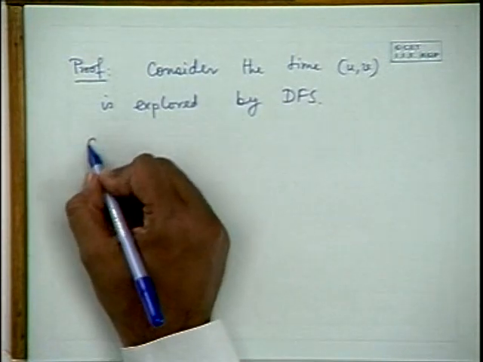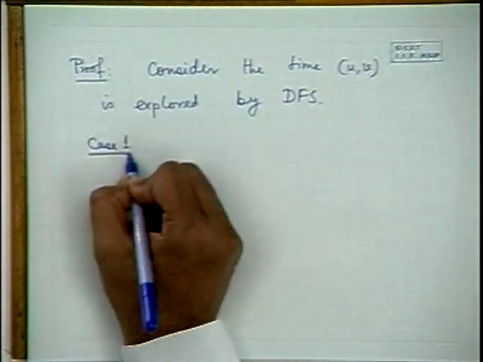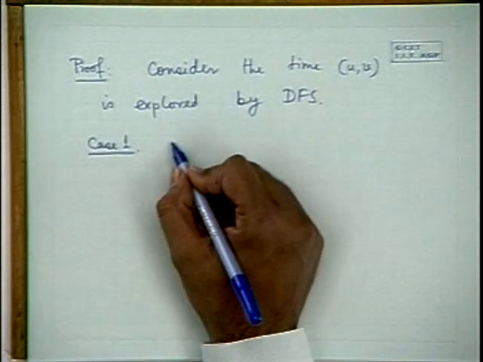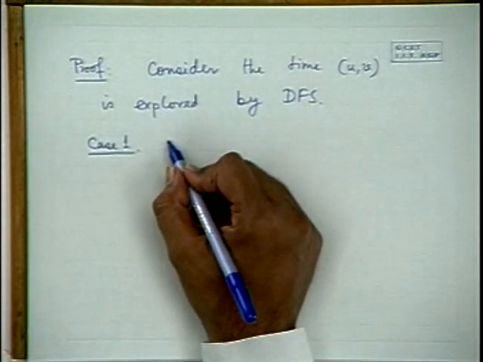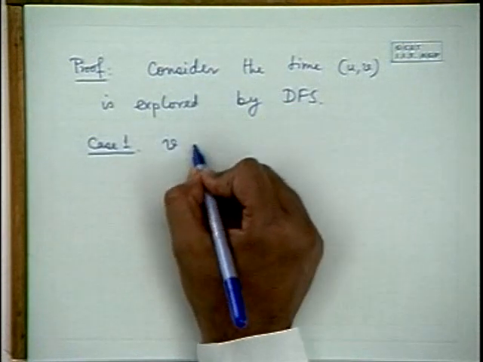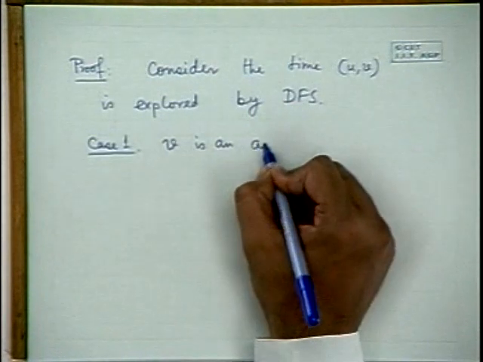There are several cases. Case 1: suppose when the first time UV is explored, V is an ancestor of U.